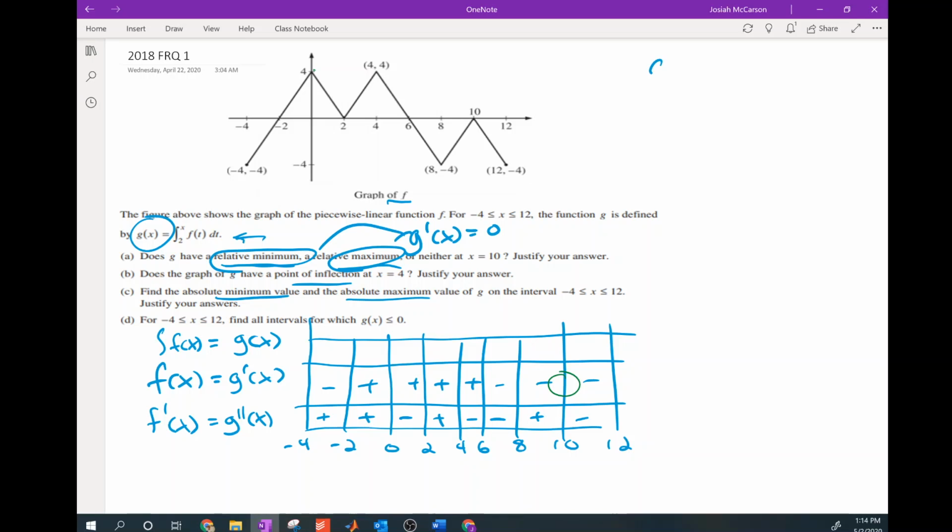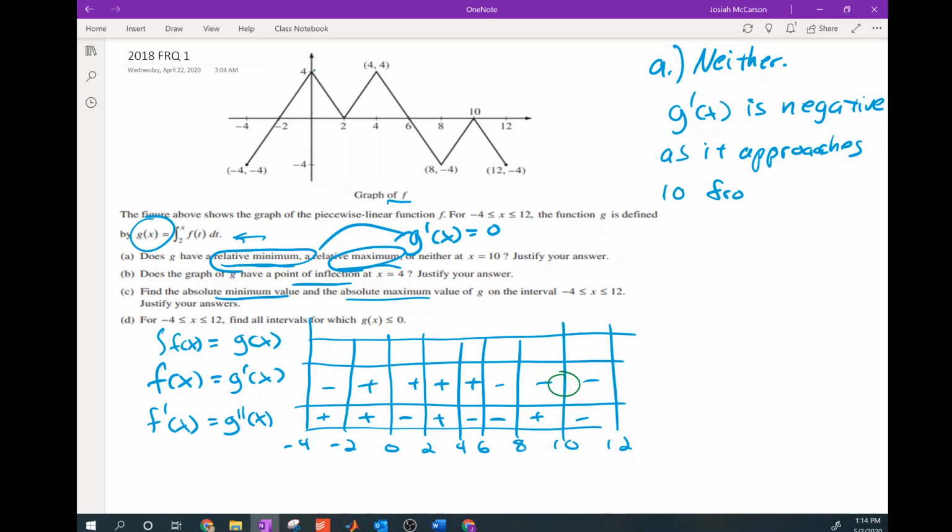So question A, say neither. g prime of x is negative as it approaches 10 from the left and the right.